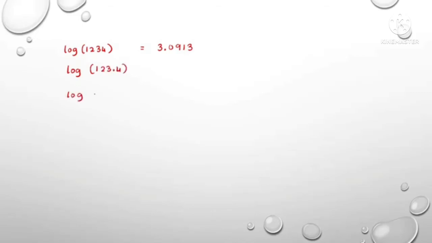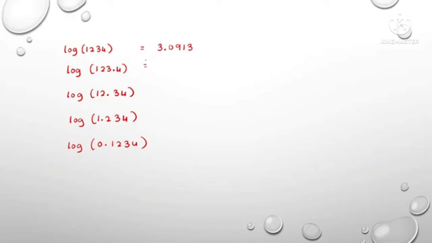Suppose the next problem will be like this, log of 12.34, or log of 1.234, or I can use one more problem here, log of 0.1234. We know the log of 1234 value is 3.0913. There are 4 digits, 4 minus 1 is 3.